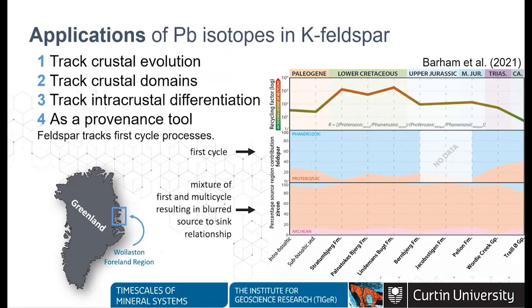K-feldspar tends to record first cycle processes, whereas zircon, because it is so stable, commonly survives multiple cycles of erosion and deposition, which means that source-to-sink relationships can be blurred. So K-feldspar provides an opportunity to get additional information to zircon, which helps in provenance studies. And that is it.